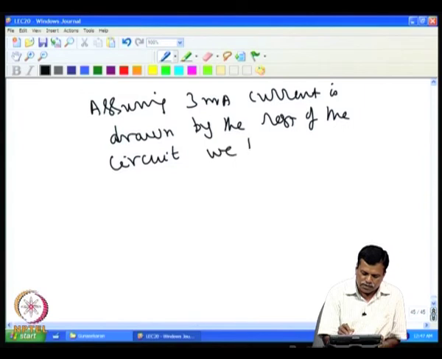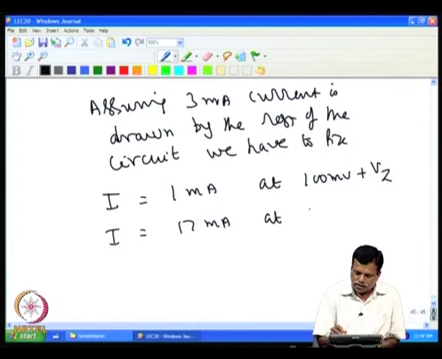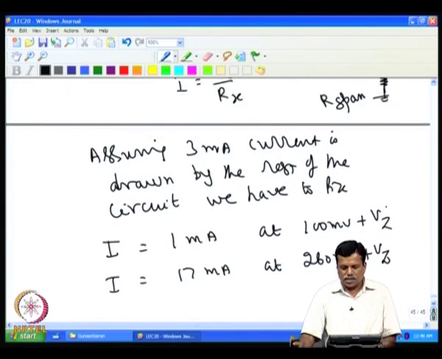We have to fix I equal to 1 milliampere at 100 millivolt plus Vz, and I should be equal to 17 milliampere at 260 millivolt plus Vz. Now, this is a nonlinear relation.